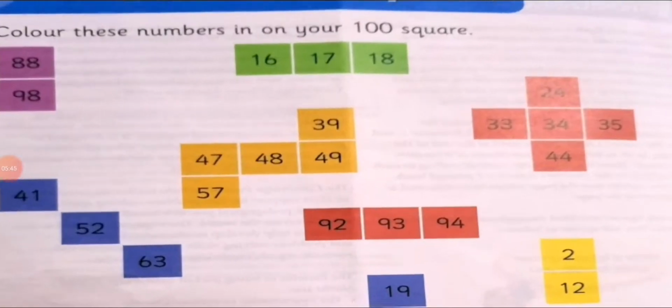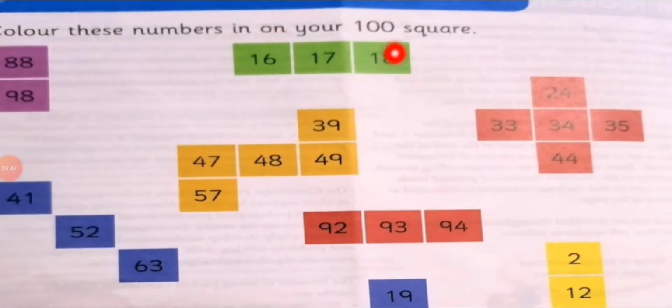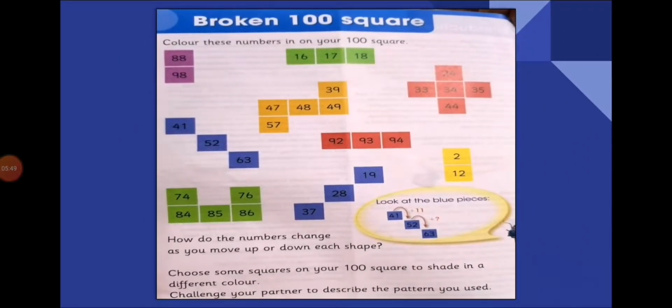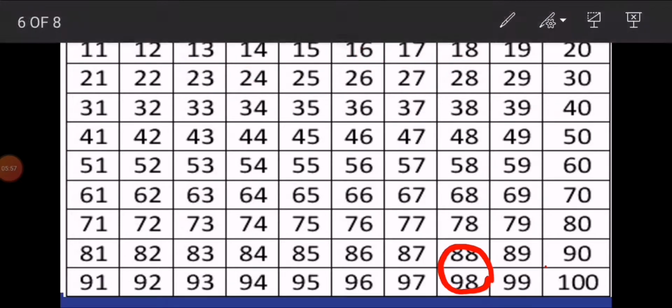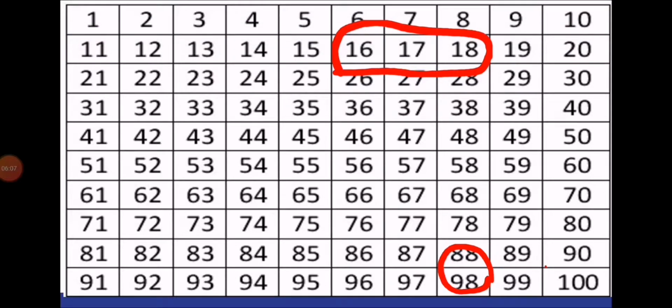Look at the second pattern, 16, 17 and 18. Let's find these numbers on the 100 square. Look at the tens line, 16, 17 and 18. I'm going to highlight the numbers for you, 16, 17 and 18. You can see now the pattern is moving from left to right.